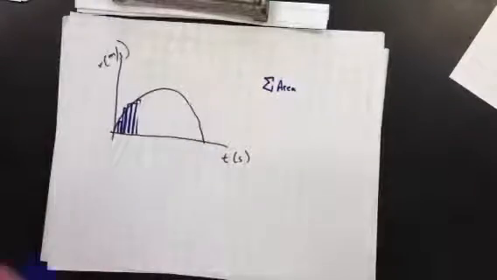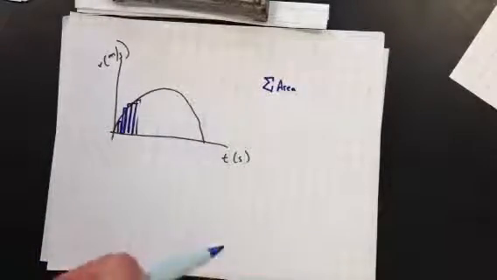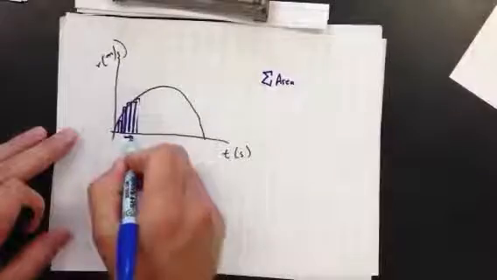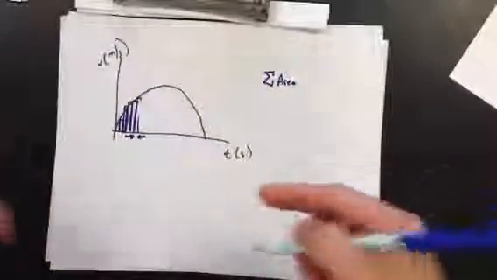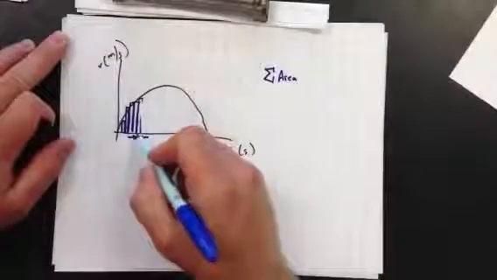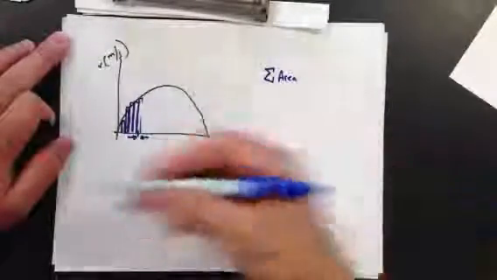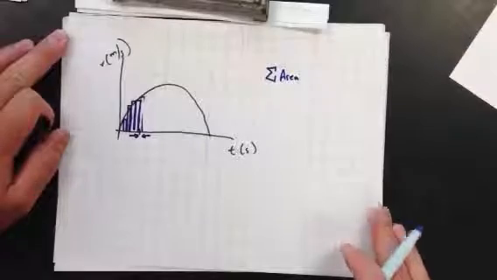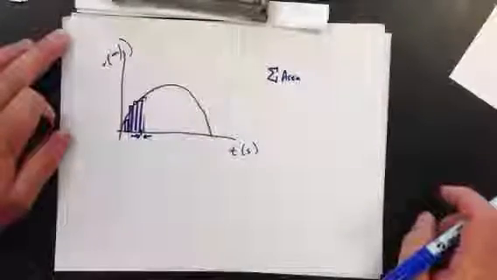Not a very effective way to do that. And if we shrink these things down smaller and smaller and closer together, we'll end up with an infinitely small width there. So that's where we get the infinite sum.